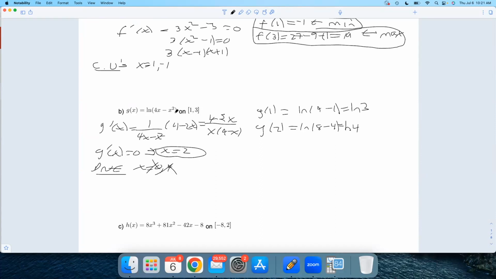G of 3 would be natural log of 12 minus 9, that's also ln of 3. Okay, so there's my global max, and I have 2 global mins, in 2 different places. You can have more than one.